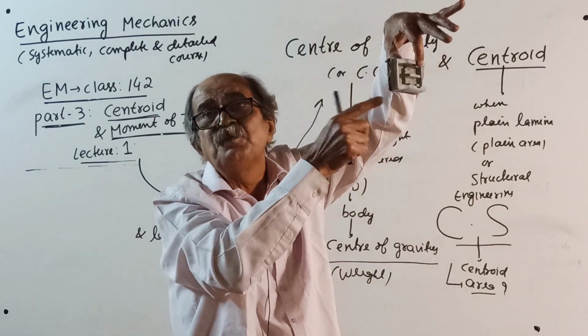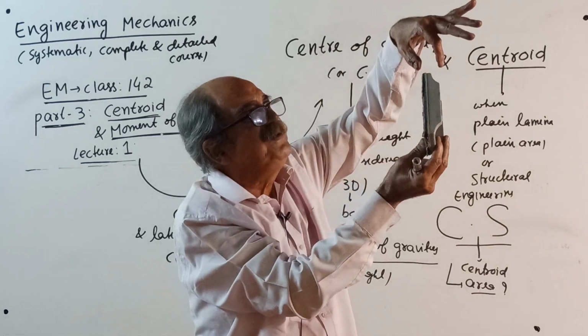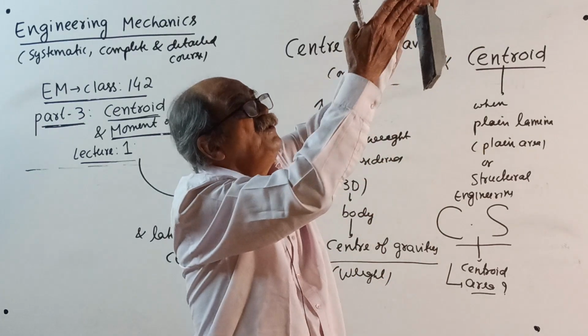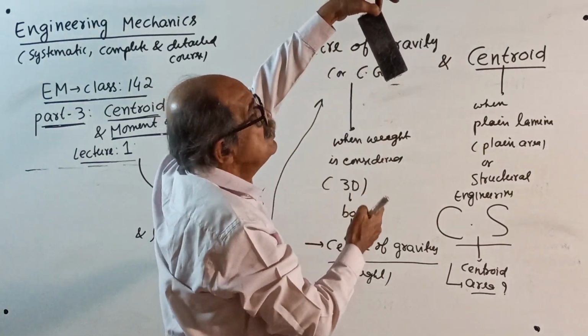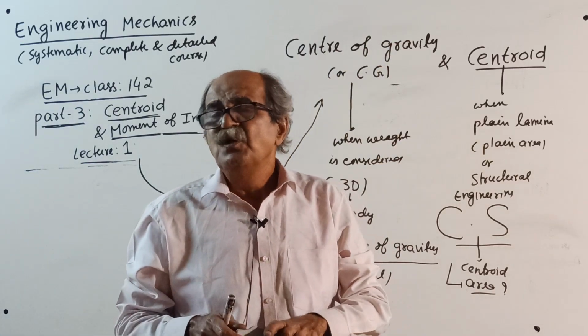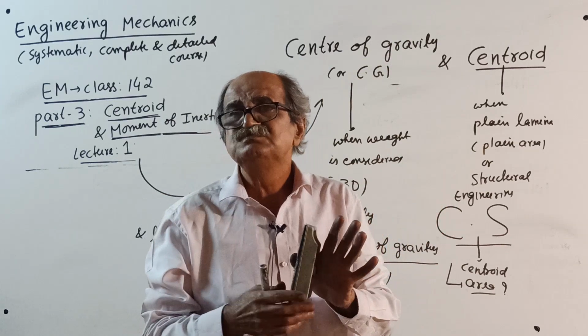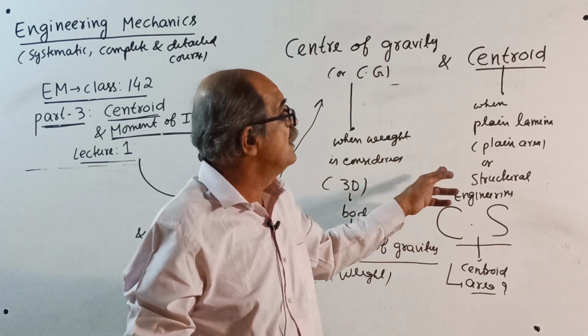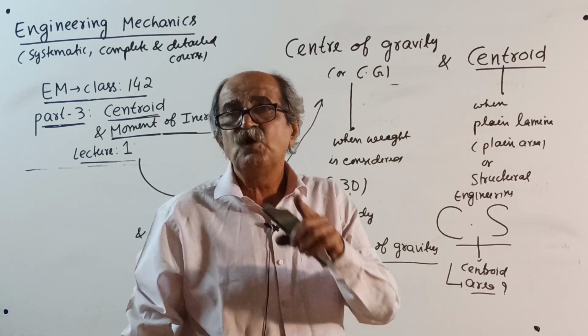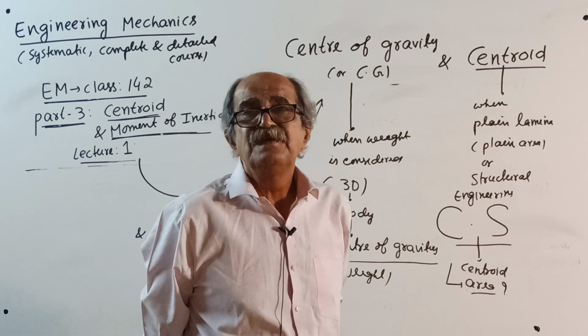It will pass through center of gravity. Or if I suspend a little inclined, see this way, then weight will act like this. It will pass through center of gravity. So the complete weight of the body, whatever position you consider, which point it will pass through, that's a common point. That is center of gravity.